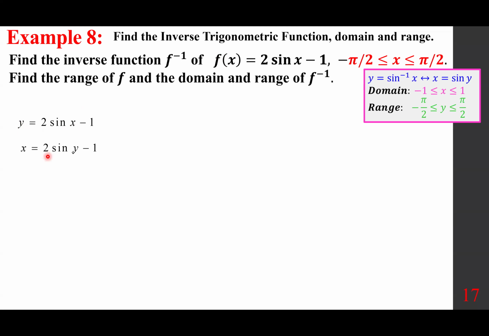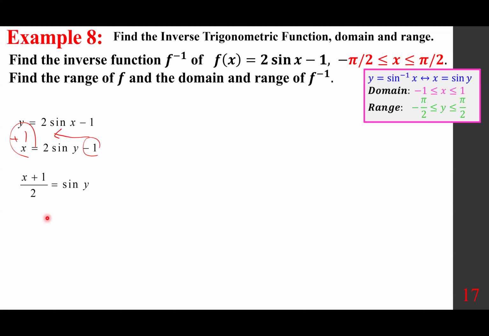So to solve for y, move this to the other side and then divide by 2. So you get x plus 1 divided by 2. By definition of an inverse, if sine y is x plus 1 over 2, we can write sine inverse of the left side.